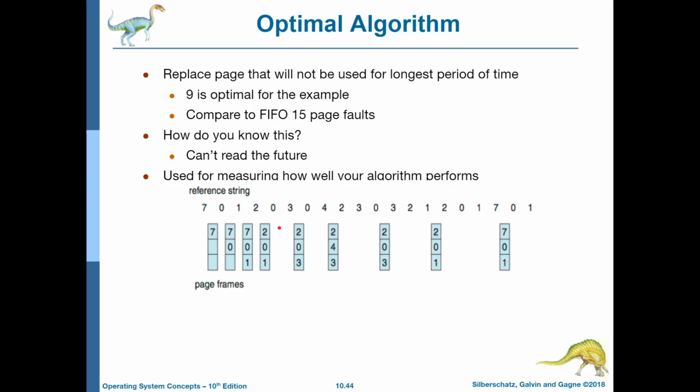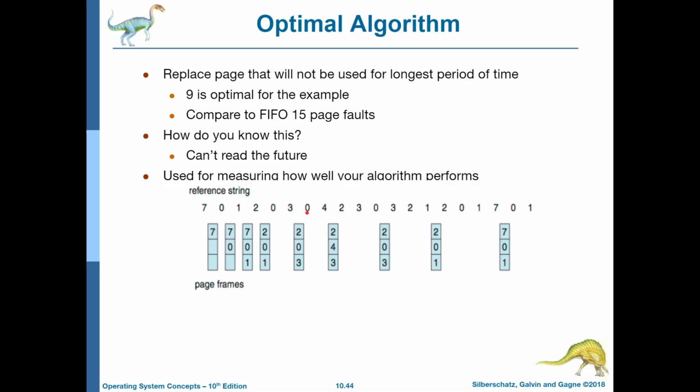Now we have the 0 access, which is good, but 3 causes a page fault. So let's look ahead again. Right now our page frames are 2, 0, 1. So which one of those?